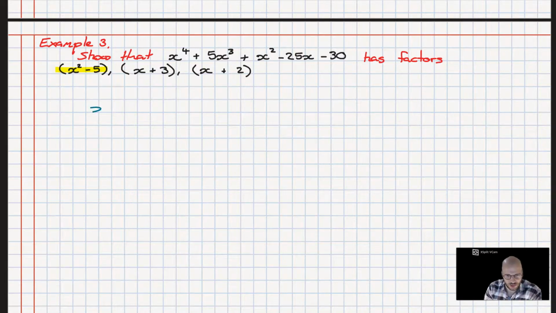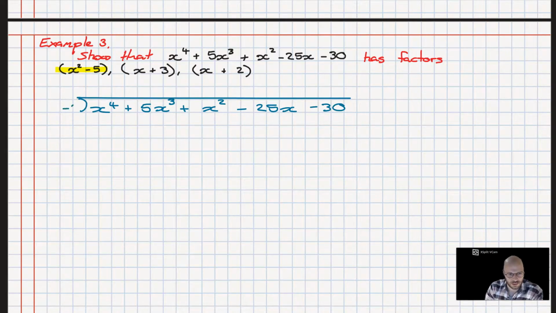So going in for the factorization, we'll go x to the 4 plus 5x cubed plus x squared minus 25x minus 30. I'm going to write the minus 5, and then I'm going to write the x squared. Then I'm going to throw in another term.